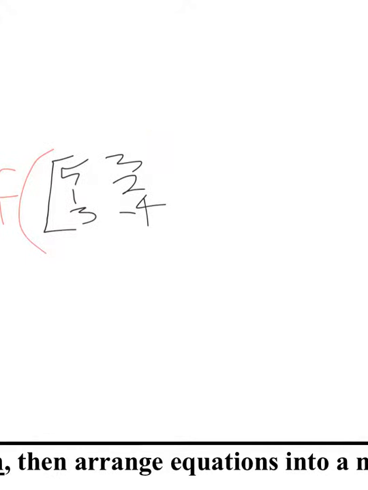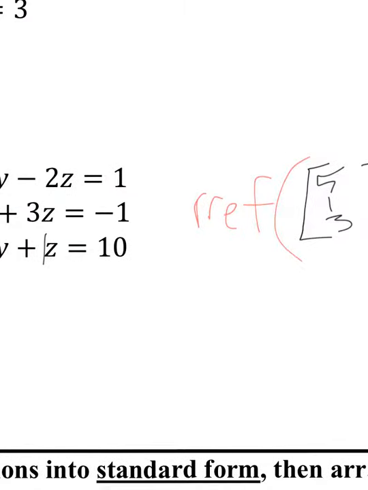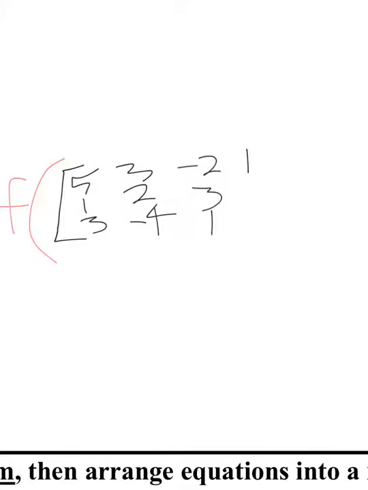Negative 2, 3, 1. All right, and then my c column, my constant column, 1, negative 1, 10. So when you read it back, you should have the x column, y column, z column, c column.